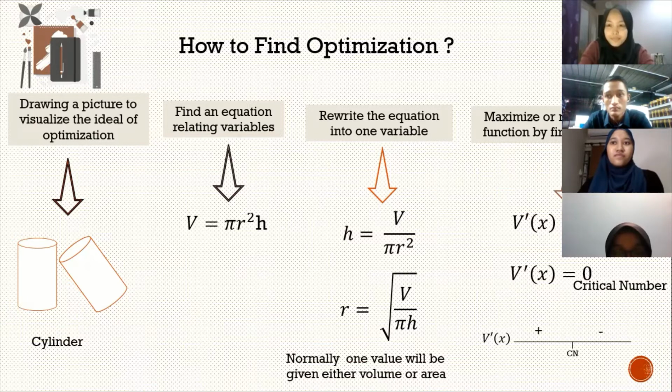This step typically involves looking for critical points and evaluating the function at endpoints. So let's try to apply these steps to our question 8. I will pass my presentation to Balkis.